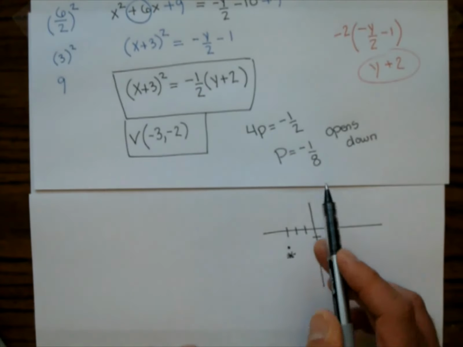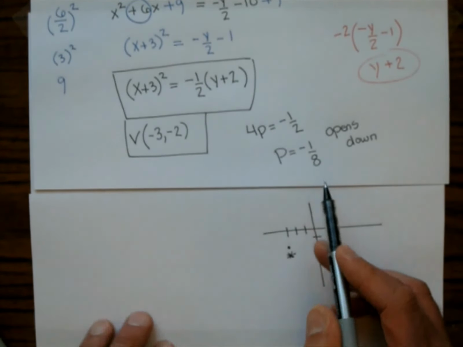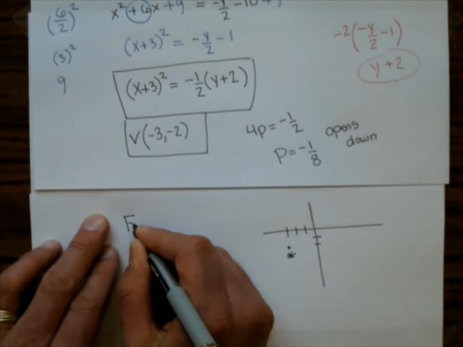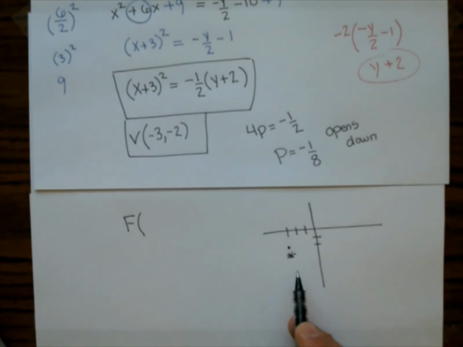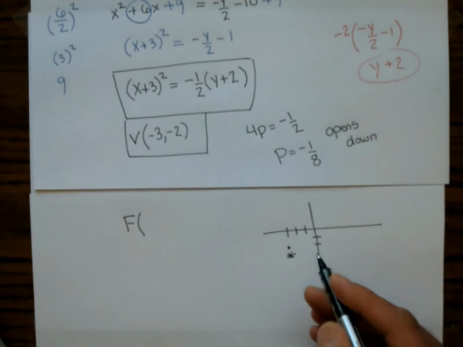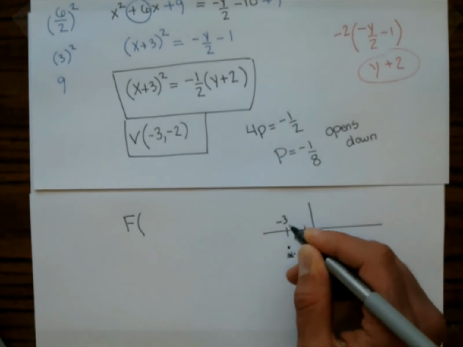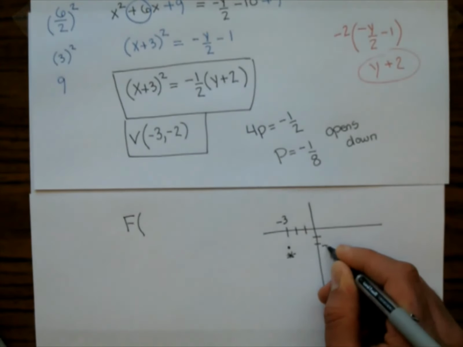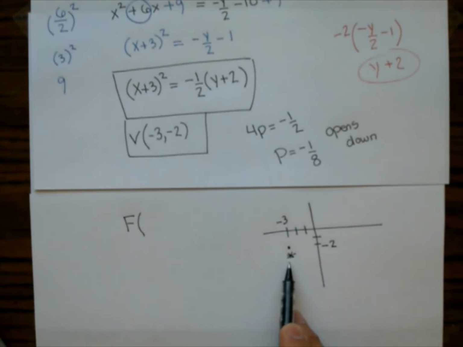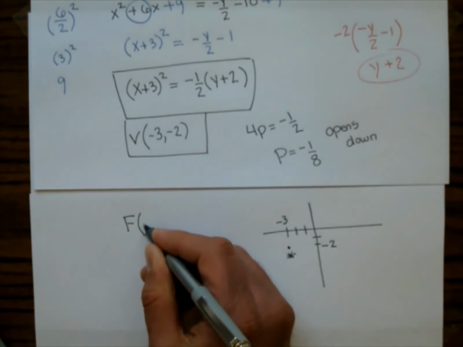Now there's fractions in here, so we don't like this. So the focus, you have to think, is it going to have the same x coordinate, which is negative 3, or the same y coordinate, which is negative 2? If you take the point and move it down a little, it's going to have the same x coordinate.